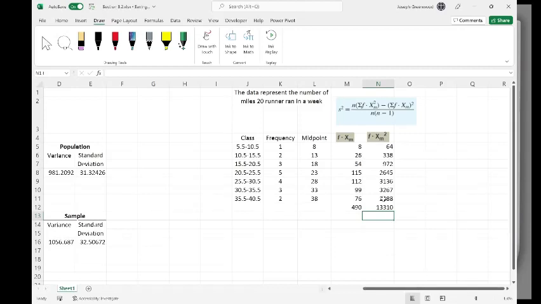Okay, so here's what we're going to do now. I'm going to take those values, 490 and 13,310. And we're going to transfer those back, and we're going to finish this off by hand.